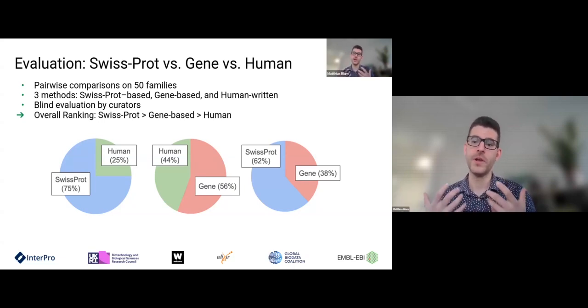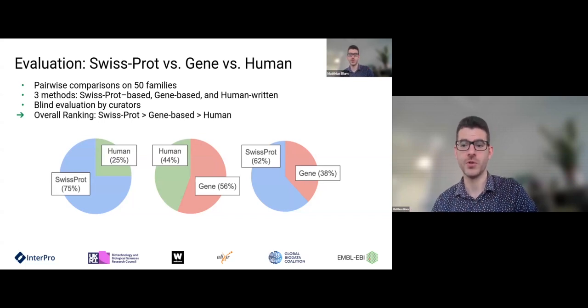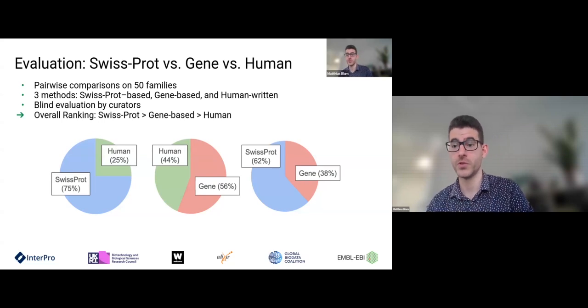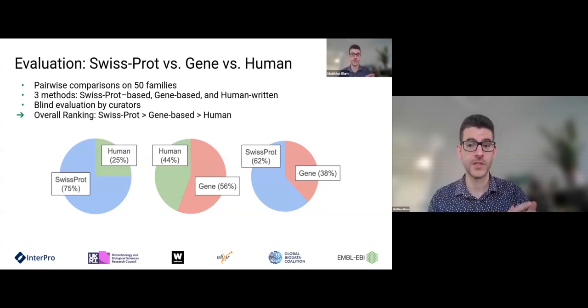And when comparing two AI-generated descriptions, one using Swiss-Prot data and one using gene names, curators prefer the first one, the Swiss-Prot one, 62% of the time. So the final ranking is Swiss-Prot data on top, gene name second, and human last.